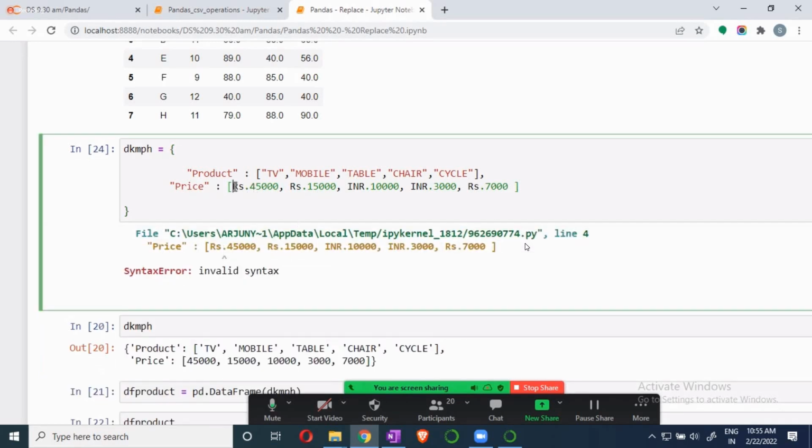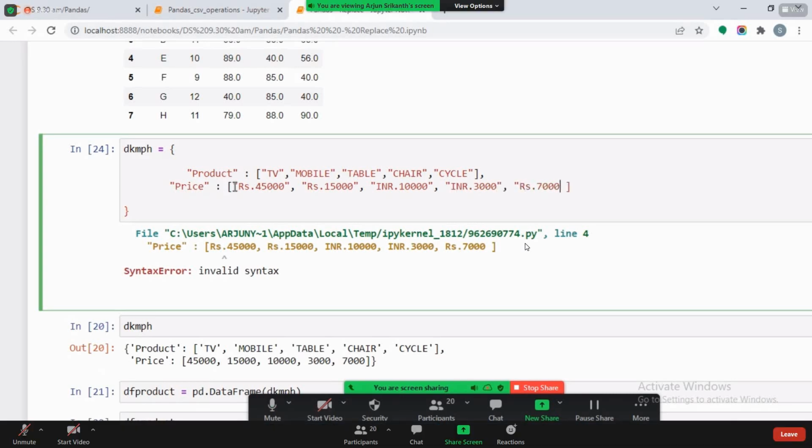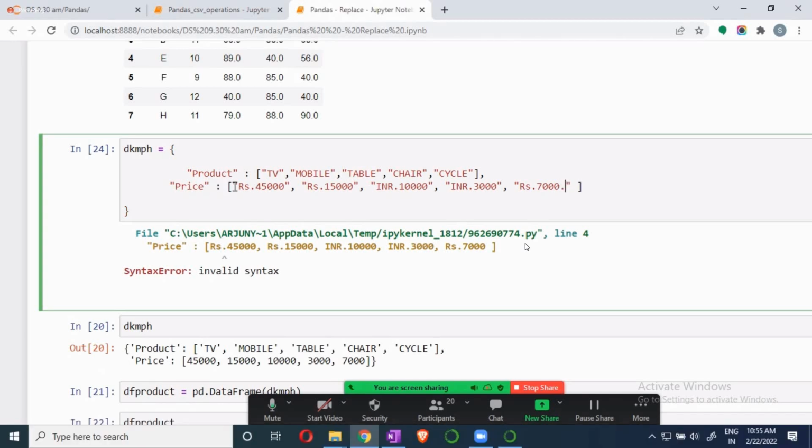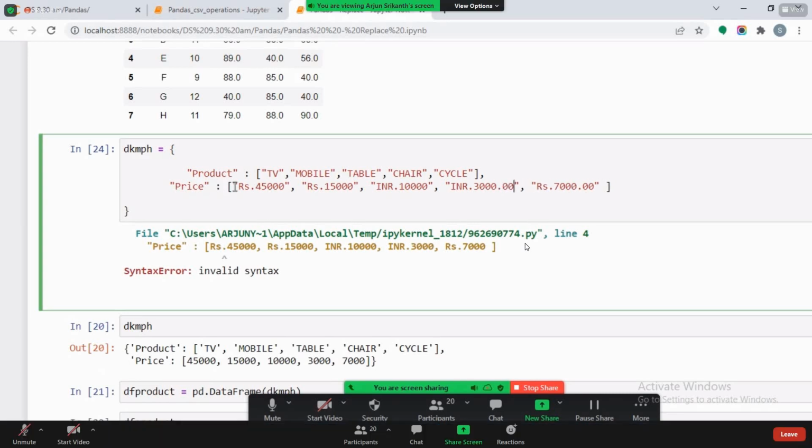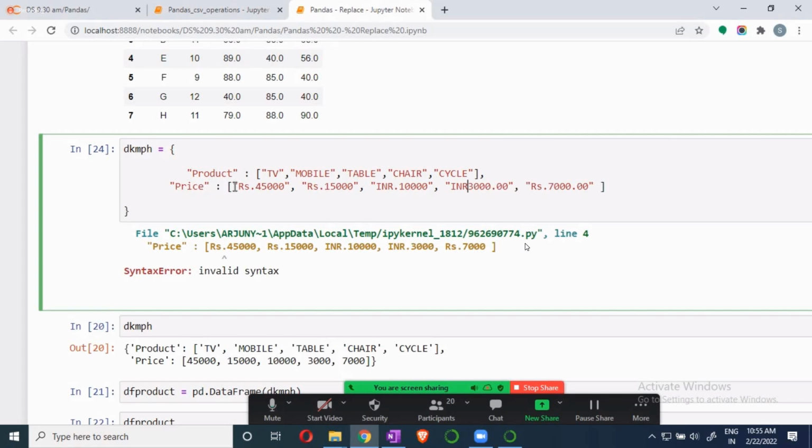I have to put it in quotes, because this is a string, guys. It's a combination string. And there will be .00 also, so I will remove this INR part, and here also I will remove this part.